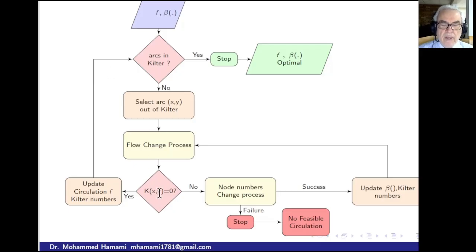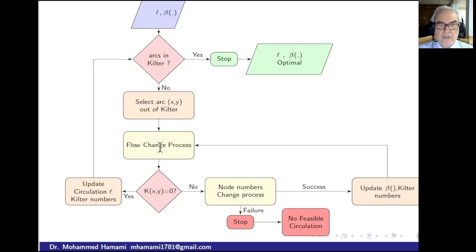Now here's the special thing about the out of Kilter algorithm. We're going to assume that all our input is integer, like the lower bound, the upper bound, and the unit cost, the initial circulation, and the initial beta. All these are integer. So then the flow changes are all integers, and therefore the Kilter numbers stay integers throughout the algorithm.